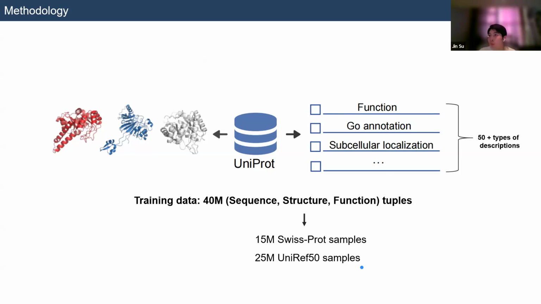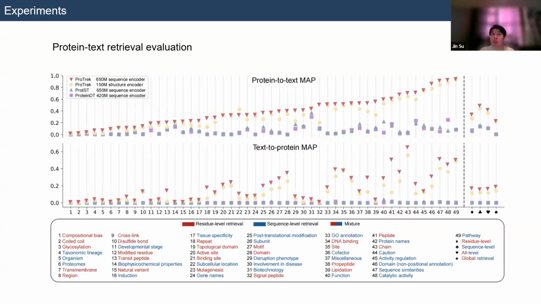For your retrieval experiments, the function descriptions of the proteins: are they based on experimental evidence, or are they GO terms? Do you mean this figure?